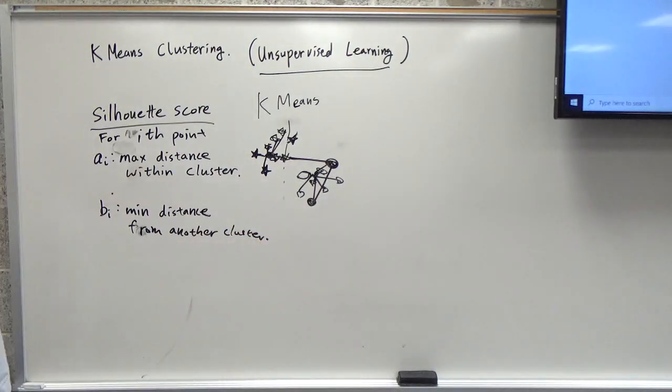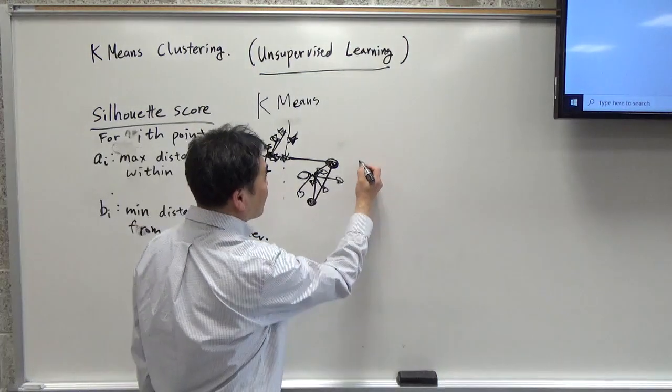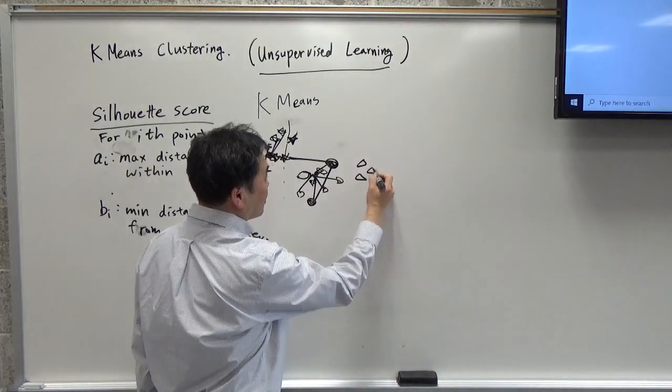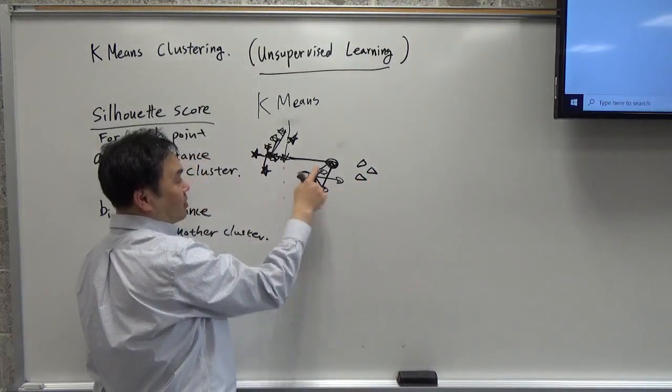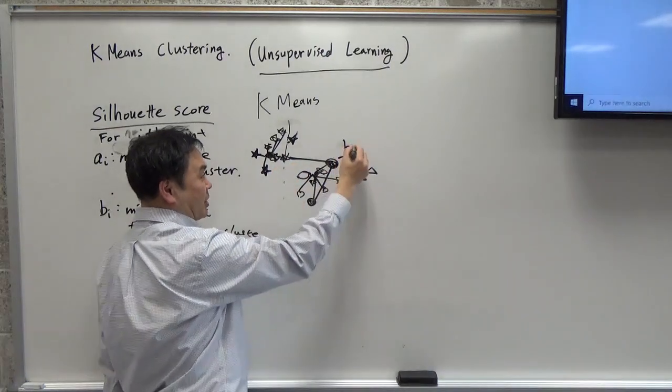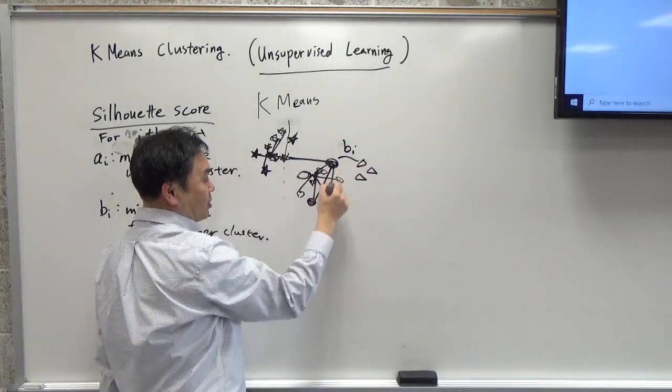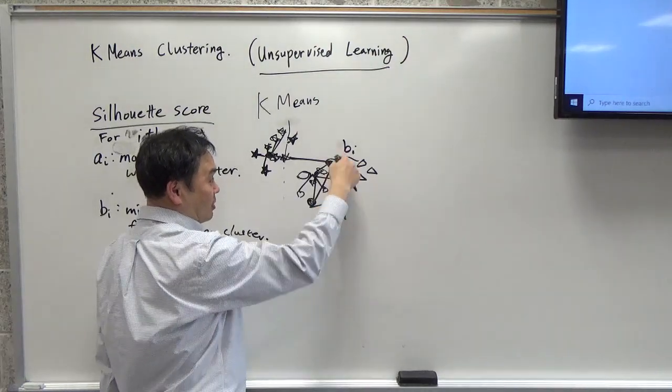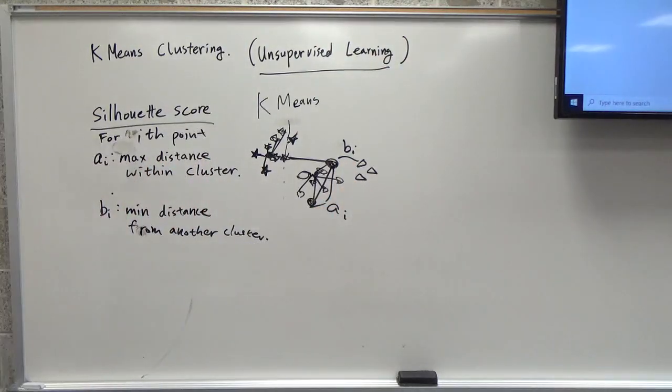So if you had 3 different clusters, so let's say you have something here, another one, but then this distance is closer than this one, so this will be your b_i rather than this one. So here, this distance will be a_i, this distance will be b_i.